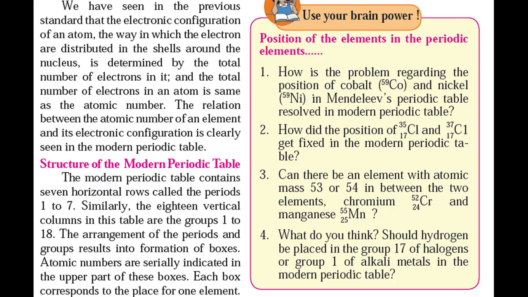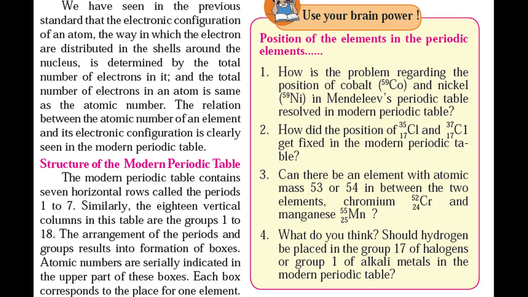In the modern periodic table, friends, cobalt with the lower atomic number, that is 27, comes first, and then nickel with the higher atomic number, 28, even if their atomic mass is the same, that is 59 for both nickel and cobalt.